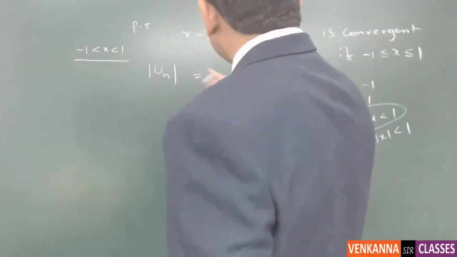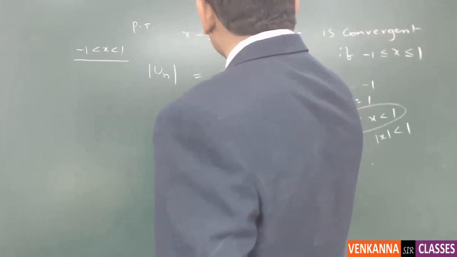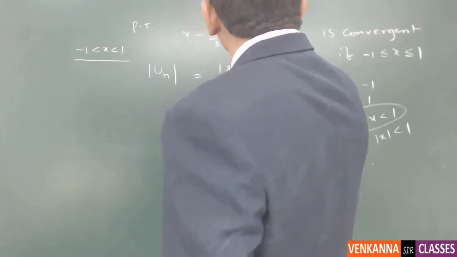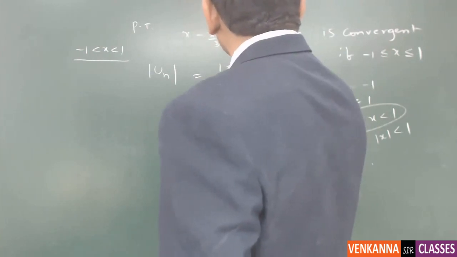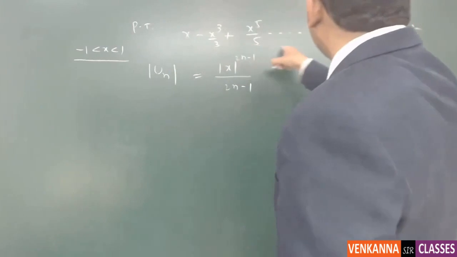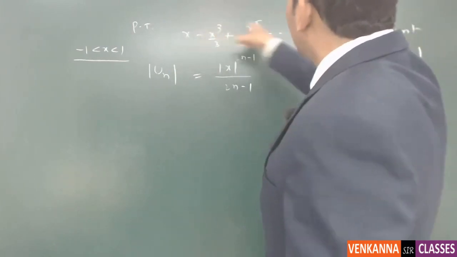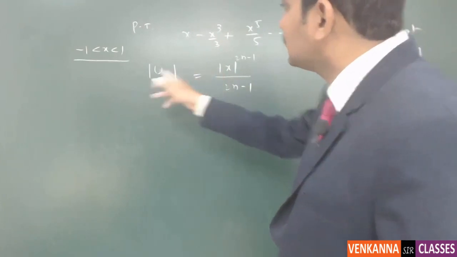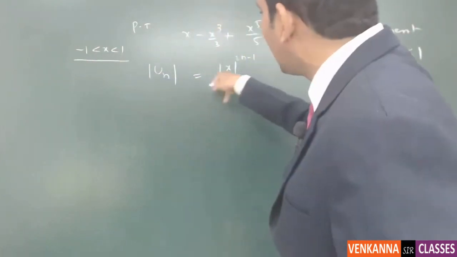Okay. So mod un, if you consider, the form is mod x power 2n minus 1 by 2n minus 1. Because in the denominator you have 1, 3, 5, odd numbers, and the power is varying as odd numbers. Since the x value is not known to us, it is varying between these two, so I am putting mod here.